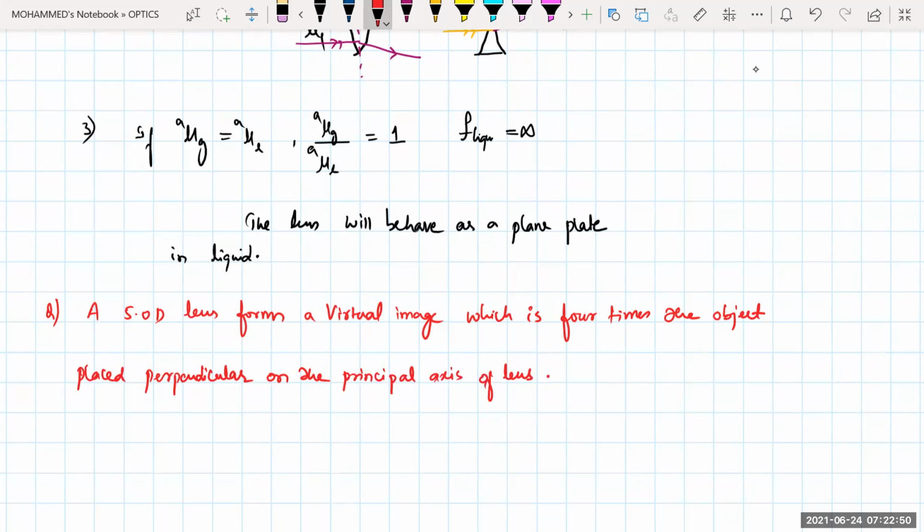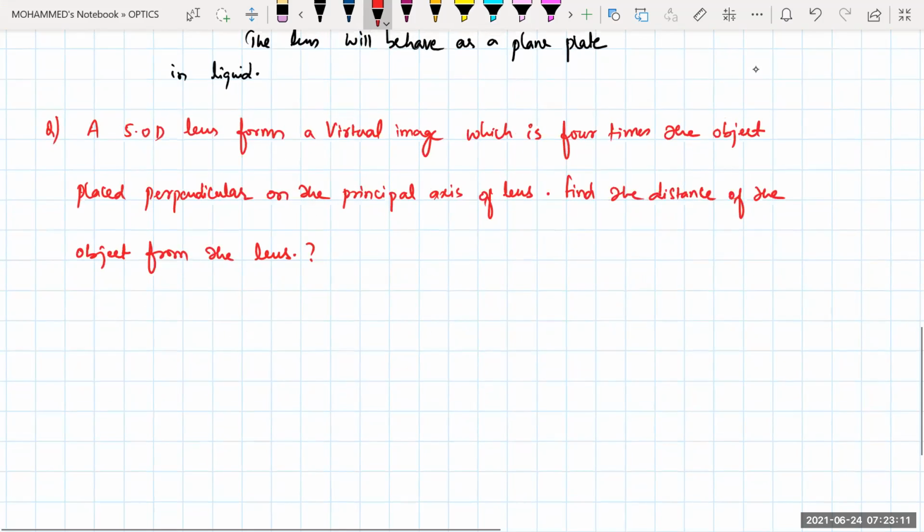Find the distance of the object from the lens.